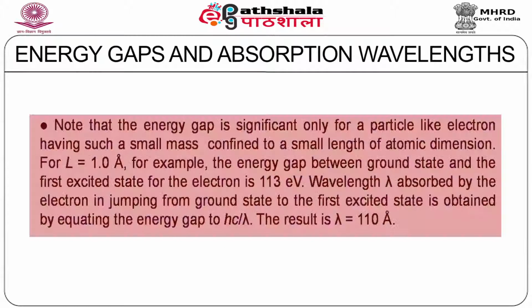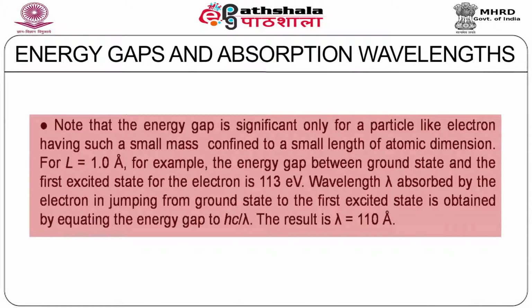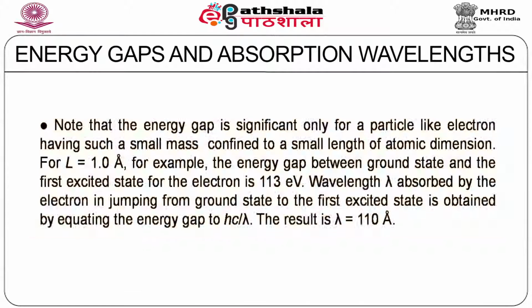So delta E will be E2 minus E1, and if you put n equal to 1, you get the energy gap between the ground state and the first excited state, and this will be in joules. If you change joules to electron volts, then you can check this energy gap is 113 electron volts.